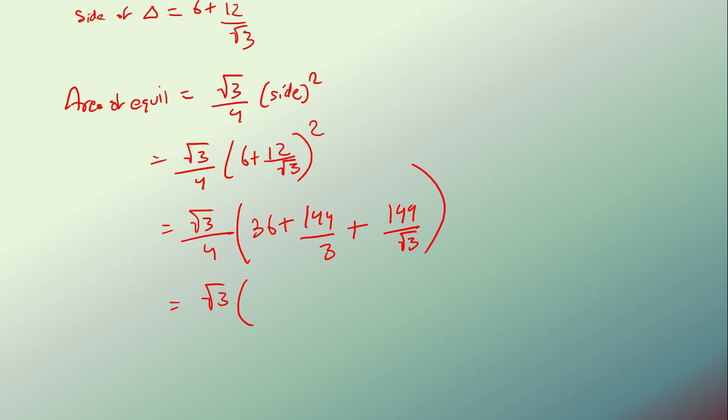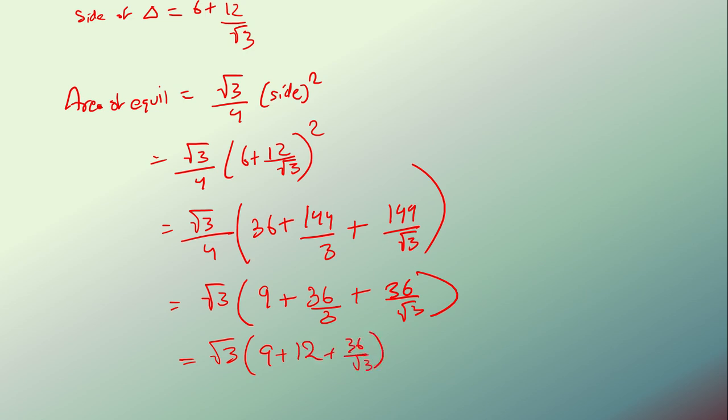Divide 36 by 4, we get 9. 144 by 4, we get 36, so 144 by 3 is 48... we get 36 divided by root 3. So we get root 3 times 9 plus 36 by 3 would be equal to 12 plus 36 by root 3.